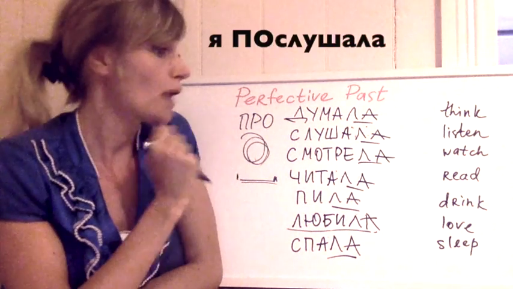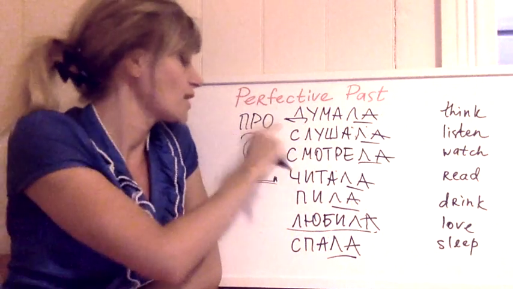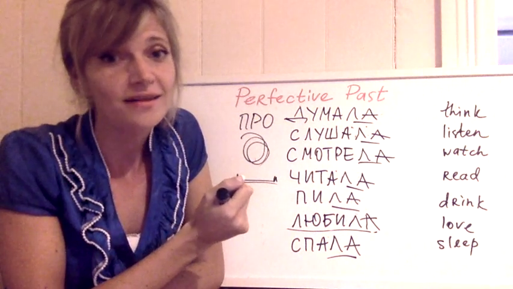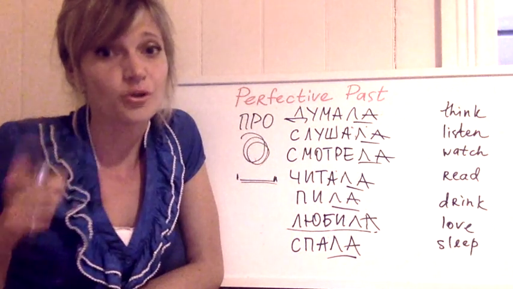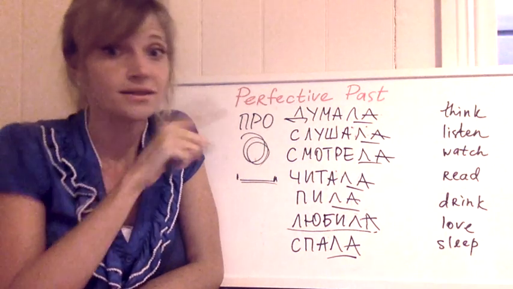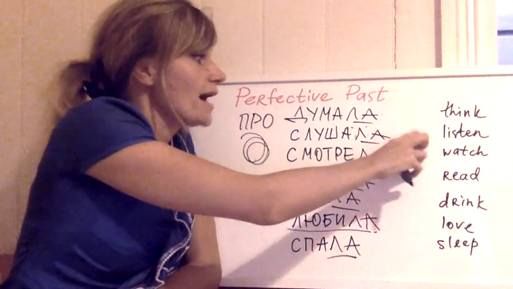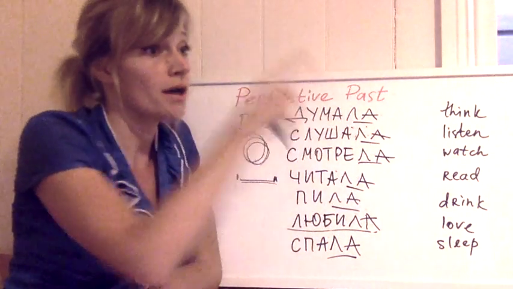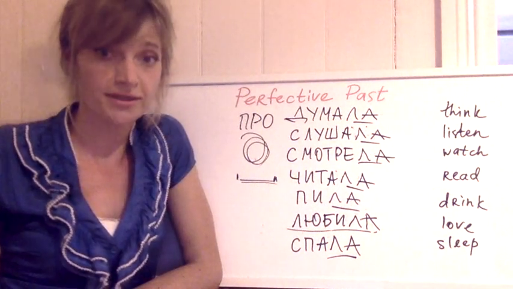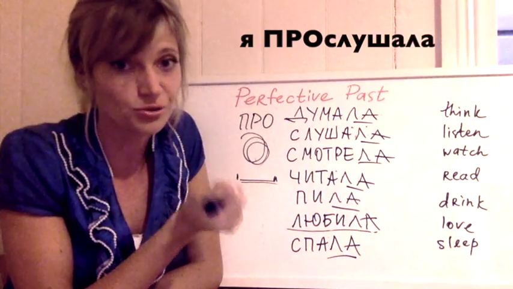If I say я послушала, I listened to it. If I say я прослушала, it means I listened to every single song there. So you instantly know that I listened to every song in this disc without extra words. Я прослушала.